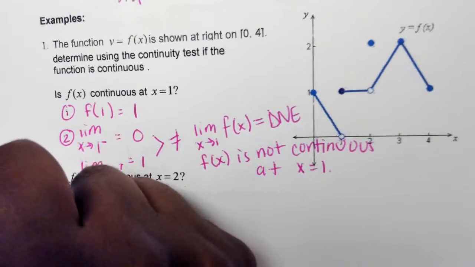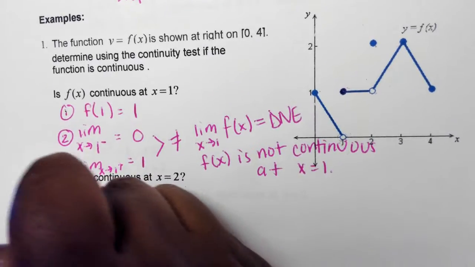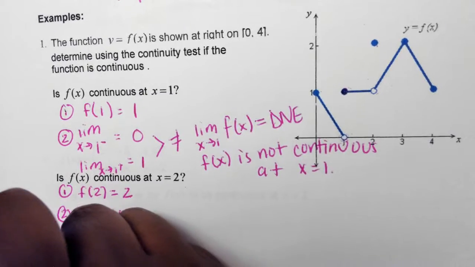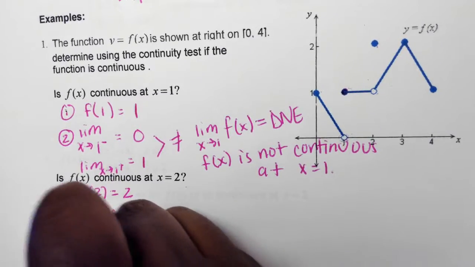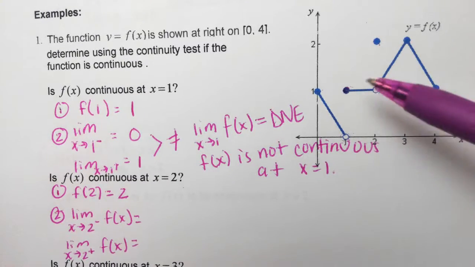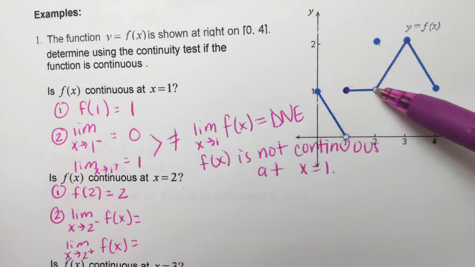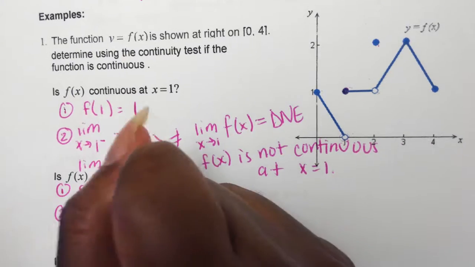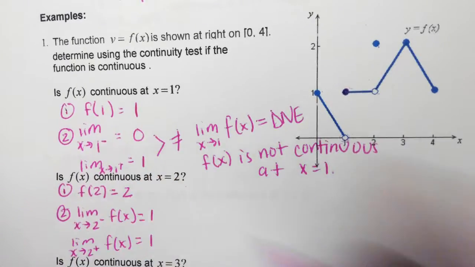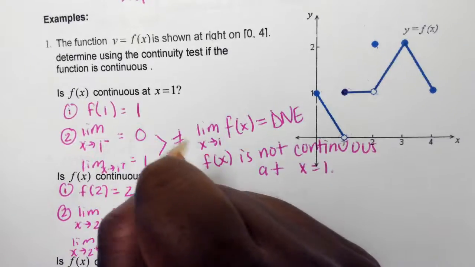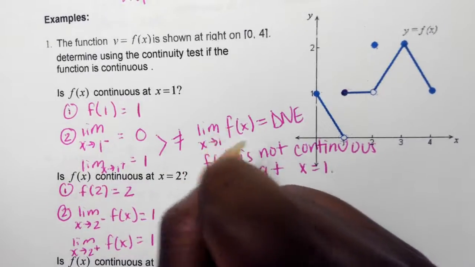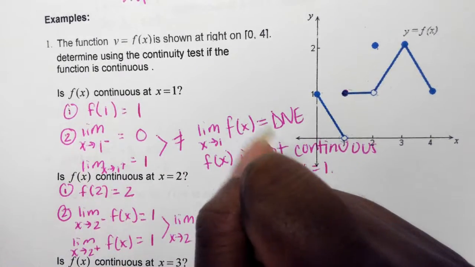Now we need to find the left-hand limit as x approaches 2 from the left of f of x, and the limit as x approaches 2 from the right of f of x. So from the left, as x approaches 2, our graph gets closer to 1. And from the right, as x approaches 2, our graph gets closer to 1. So our limit as x approaches 2 of f of x is equal to 1.